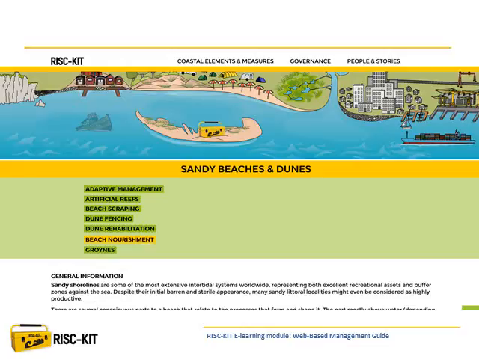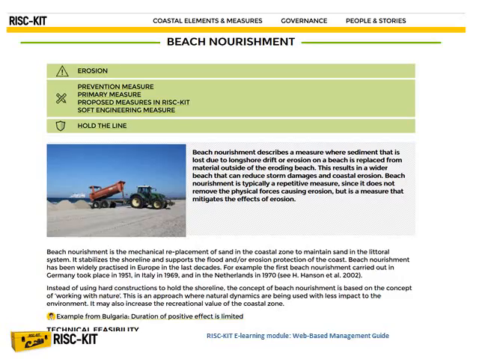Again, looking at the list of the elements, we have seen here the beach nourishment in yellow, and on it you get a description of what is understood by a measure, with a photo, a short description, and more text describing the measure itself.